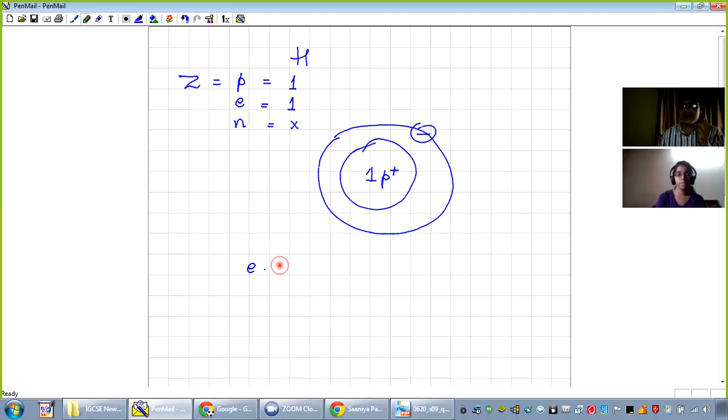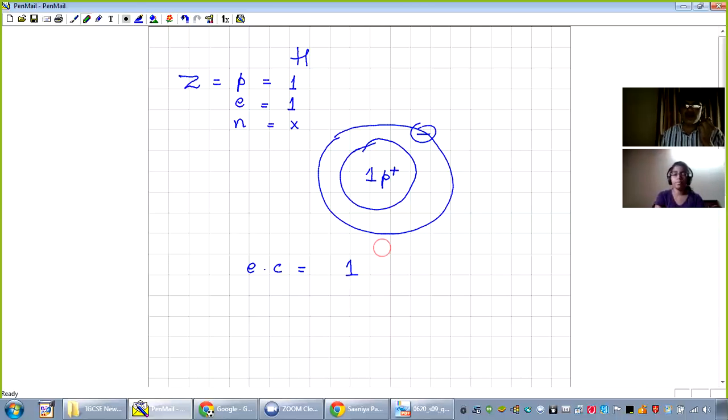Therefore, you can tell me its electronic configuration. What will be the electronic configuration of hydrogen? Simply it will be 1, because there is only one orbit, and inside that there is only one electron.